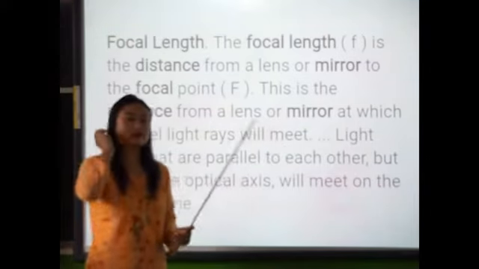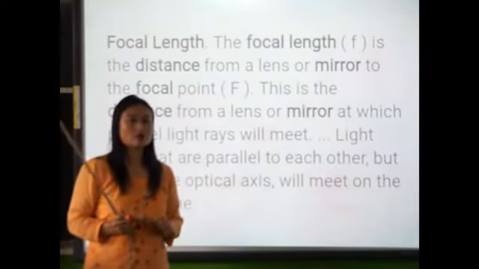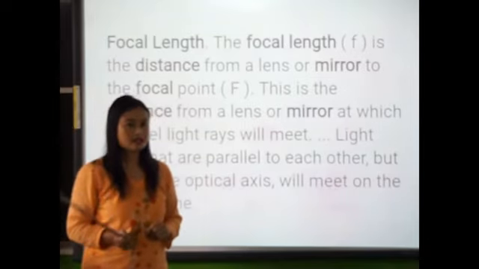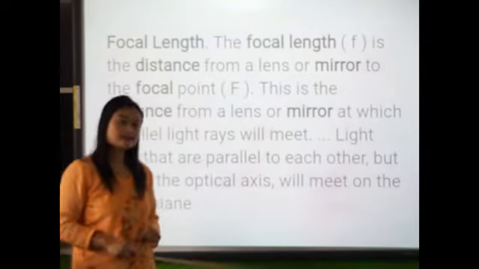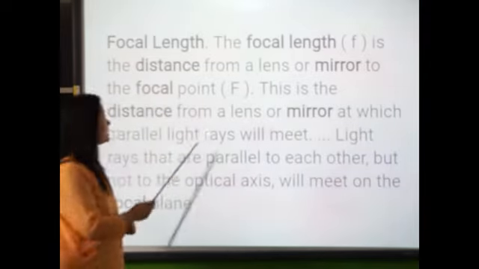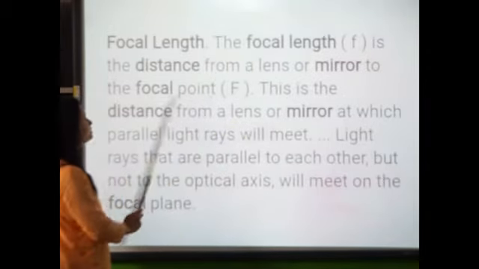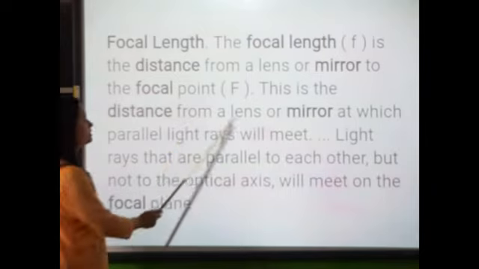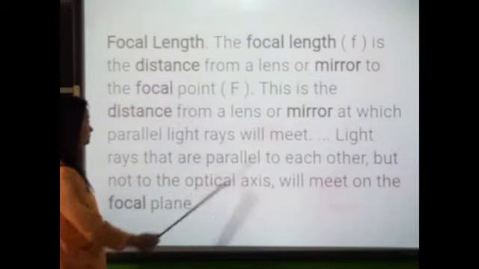Now, as we discussed focus, there is another term, called focal length. What is focal length? Focal length is the distance between focus and pole. It is the distance from a lens or mirror at which the parallel rays will meet.